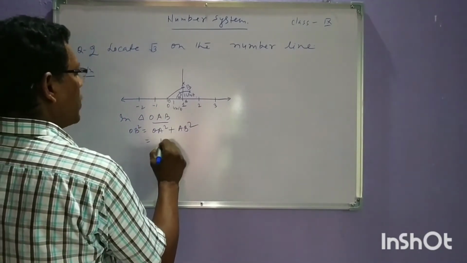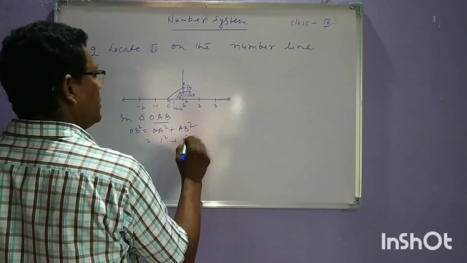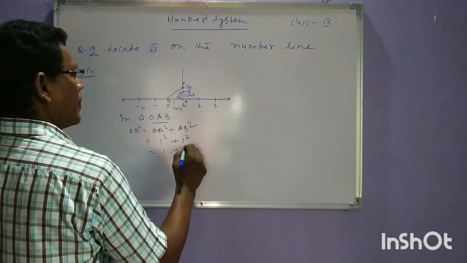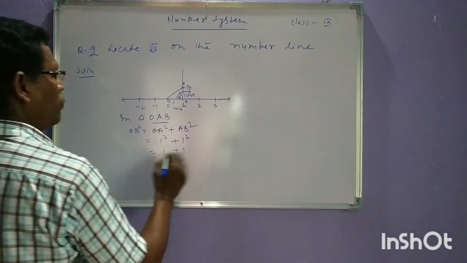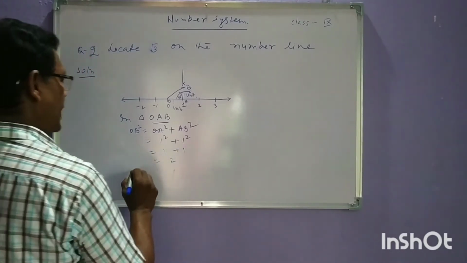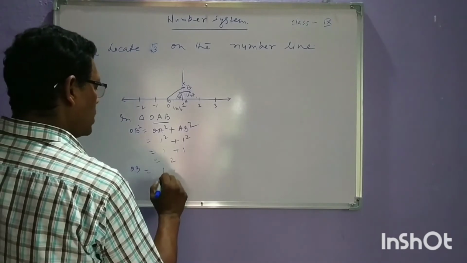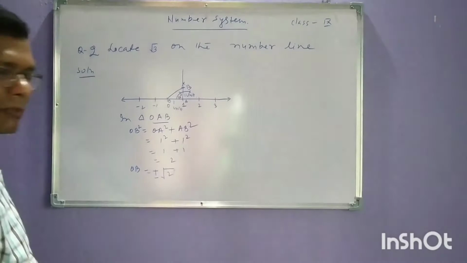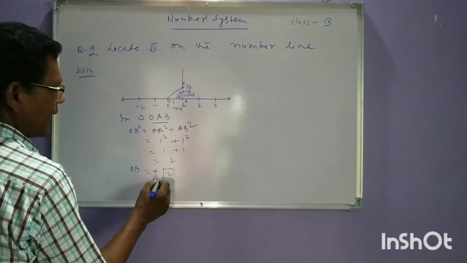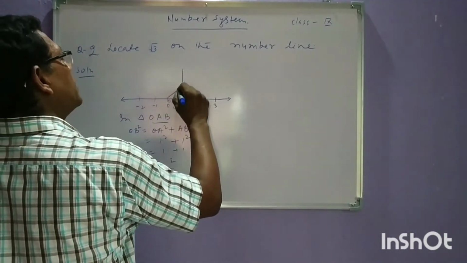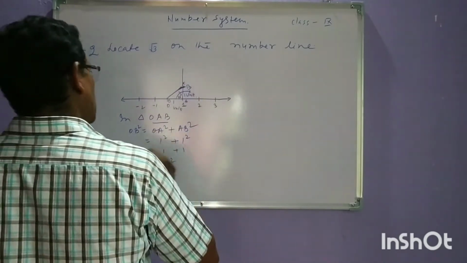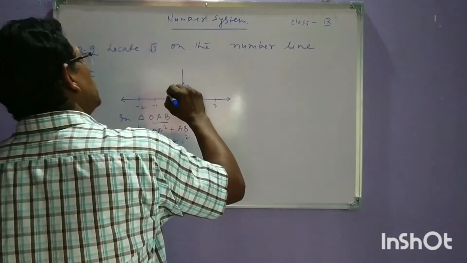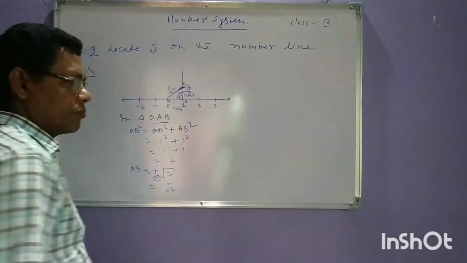So OA is 1 square, AB is 1 square. Square of 1 gives 1. Square of 1 again gives 1. 1 plus 1, 2. Then OB equal to what? Under root 2 with plus and minus. We leave minus sign here because distance is never negative. So OB equal to root 2. So this is root 2.